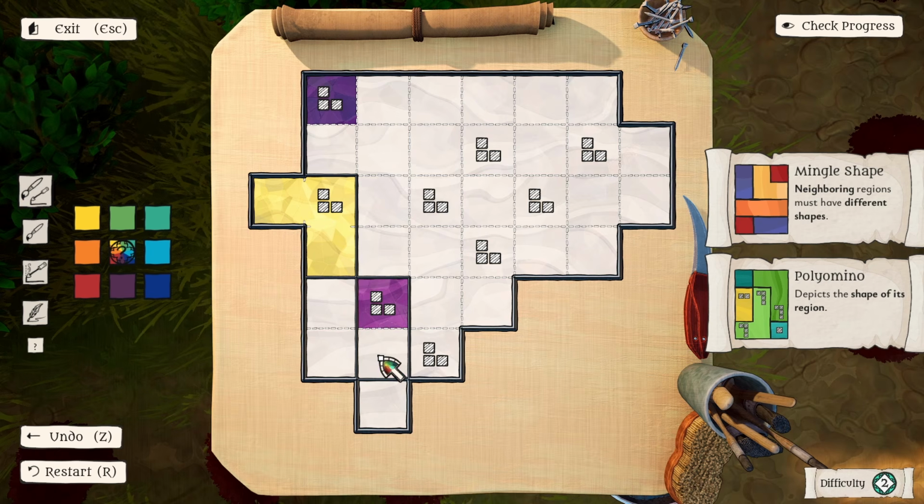That is not what I meant to do. This one. Yeah, this and that are part of the same shape, but I don't yet know which way they go.